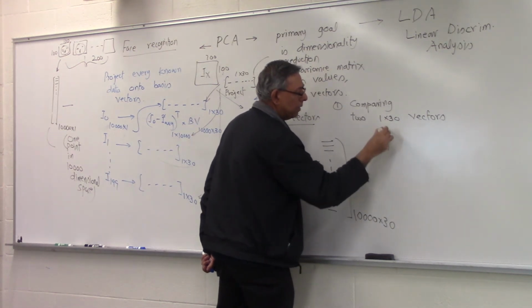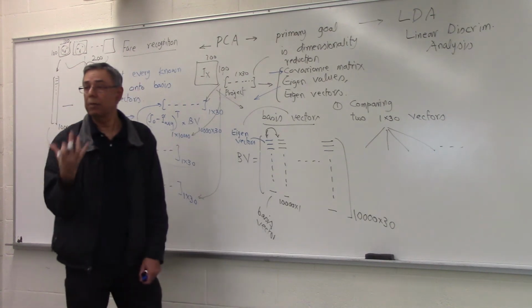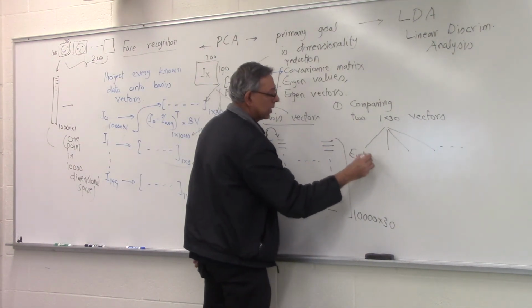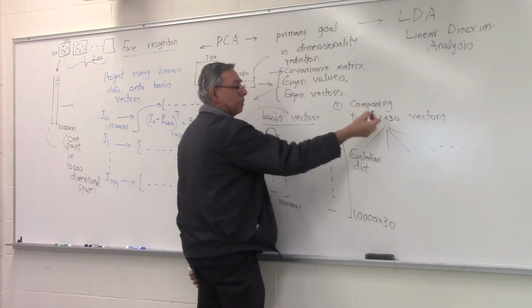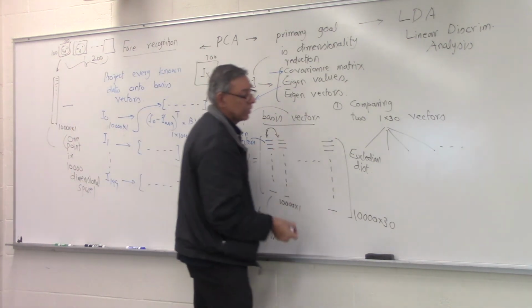There are different techniques over here. I'll just list 3 popular techniques. One of them is basically Euclidean distance: first value minus the first value squared, plus second value, and then take the square root.